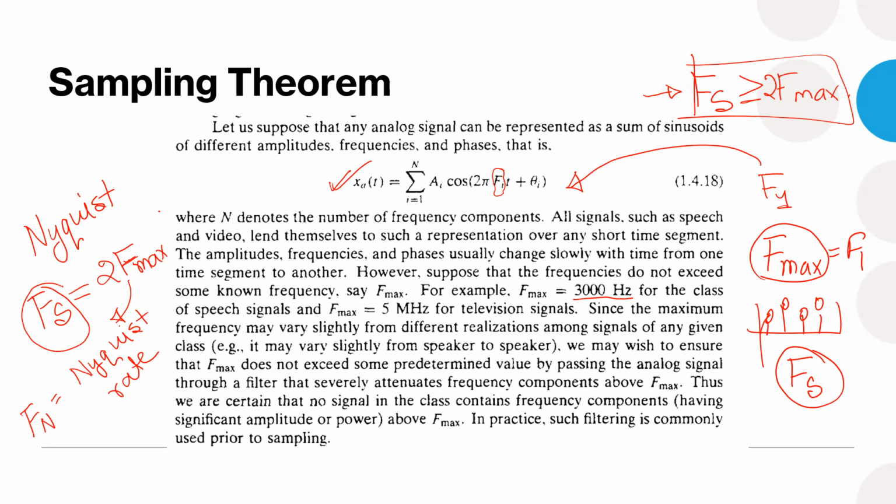That is, XA is equal to the summation of Ai cos(2 pi Fi t plus theta i). Here the value of i varies from 1 to n. So the signal XA can be referred to as the summation of different amplitudes and frequencies.